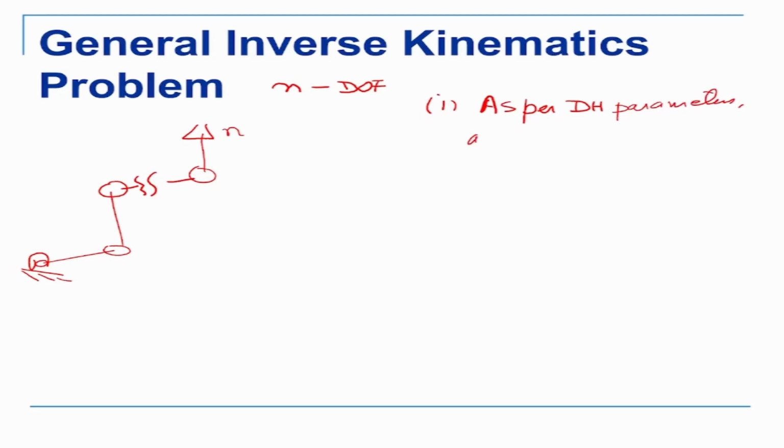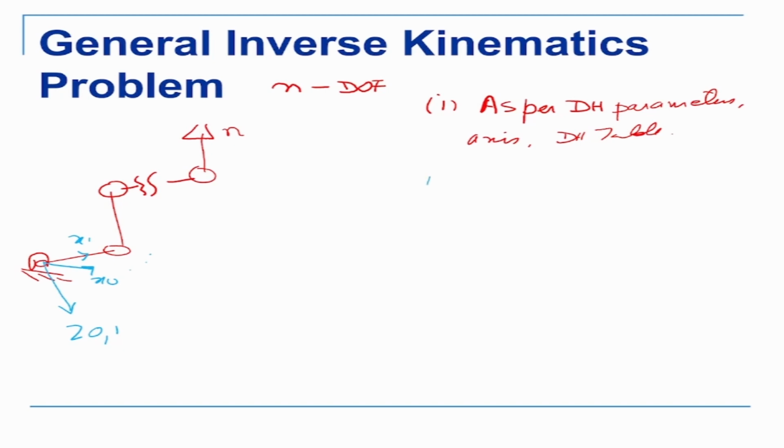In this manipulator, we are going to assign the axes as per DH, which you know how to do. So Z0, Z1, and then X0, X1, etc. I will not write the rest. So we assign the axes, then we make the DH parameter table.